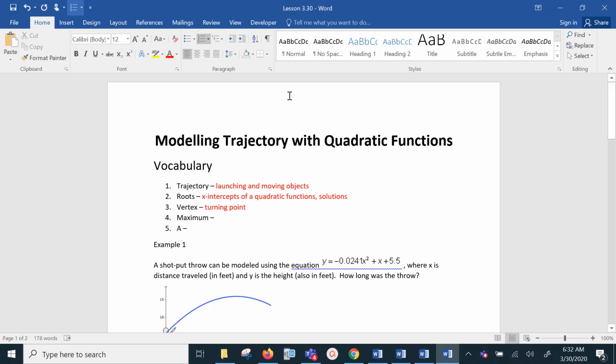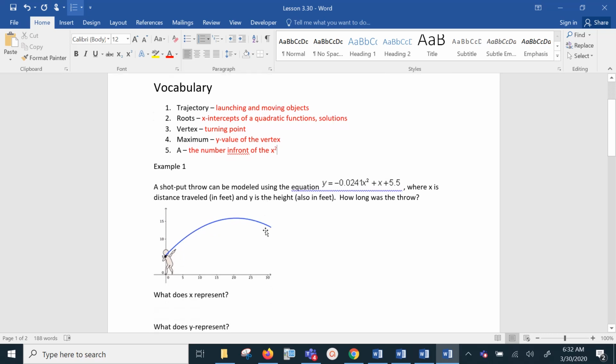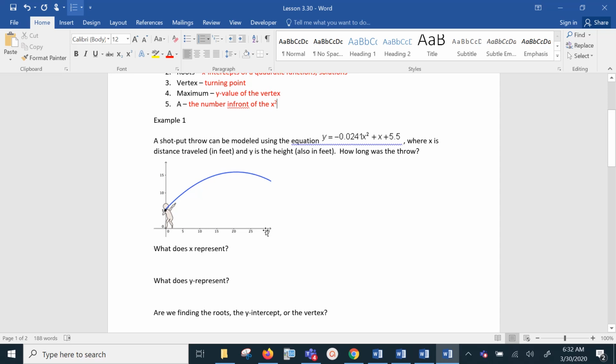This is the y value of the turning point of the vertex, called the maximum when a is negative, and a is the number in front of the x squared. All right, so just make sure that you have these written down in your guided notes, and we'll get started with our first problem.